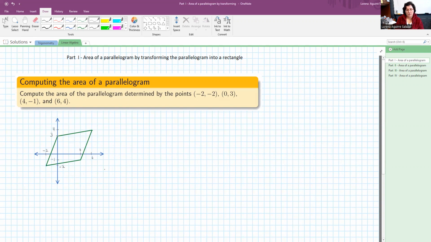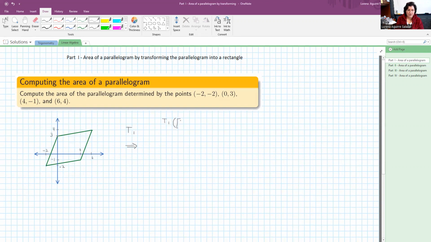Now, the first thing we can do to get closer to seeing a rectangle is translate the parallelogram so that one of its vertices matches the origin. So our first transformation consists of taking the parallelogram and translating it.